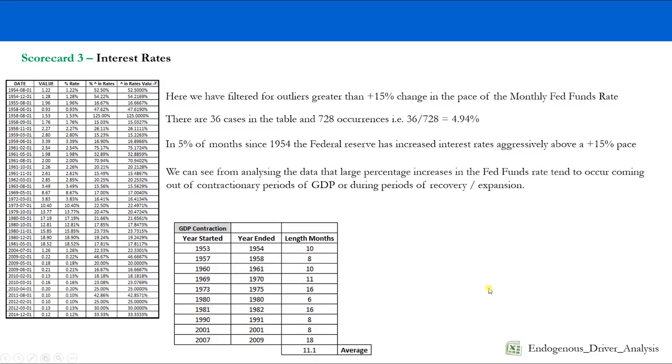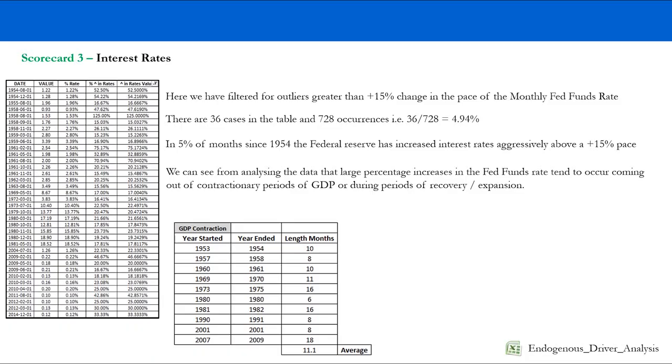What about if we have a look at the positive outliers? Well, we've looked at it again at a plus 15% change in the pace of monthly Fed funds rate. So in terms of magnitude, we looked at minus 15% earlier. We're now looking at the parameter plus 15% to look at this equally. And when we filter for these values, we get a similar result.